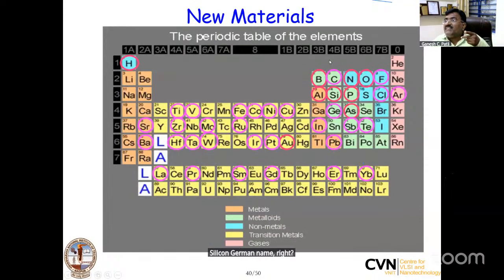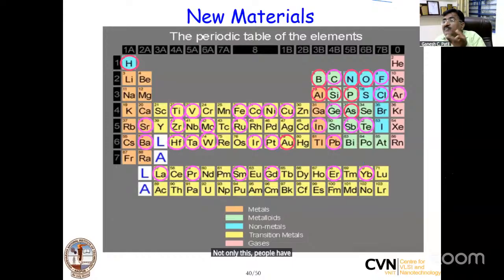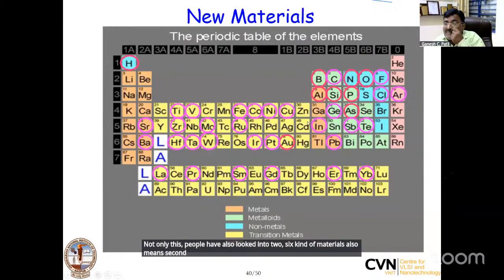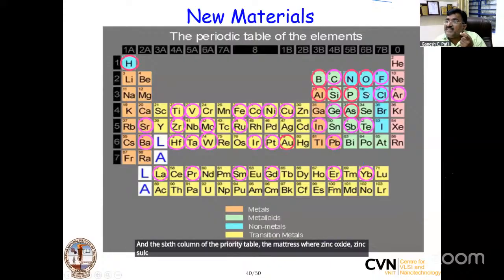Then we have the 3-5 semiconductors like aluminum phosphide, aluminum arsenide, gallium arsenide, indium phosphide. These are the 3-5 semiconductors. Not only these, people have also looked into 2-6 kinds of materials, meaning the second column of the periodic table and the sixth column. The materials were zinc oxide, zinc sulfide, zinc selenide, cadmium sulfide, cadmium selenide, cadmium telluride, right?